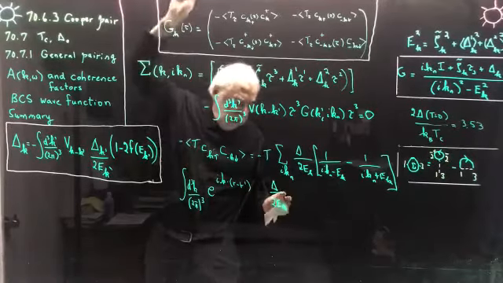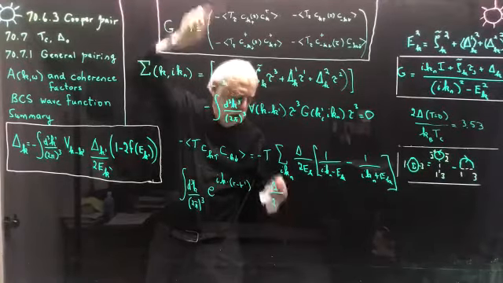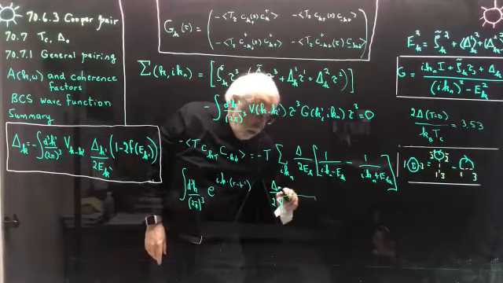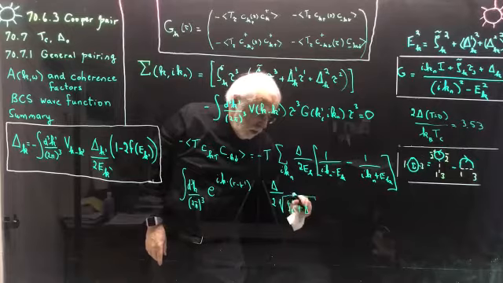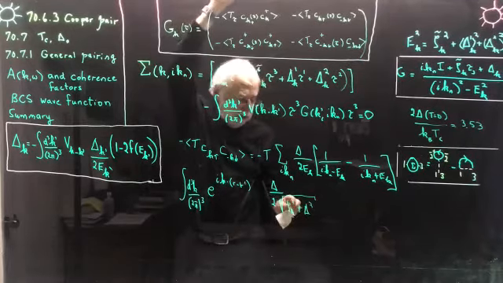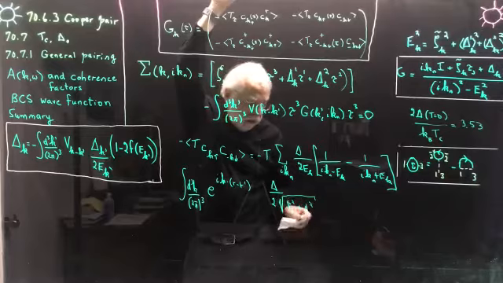Now this EK is the square root of zeta tilde k squared plus delta squared. But this is what? That's the energy measured with respect to the Fermi energy.